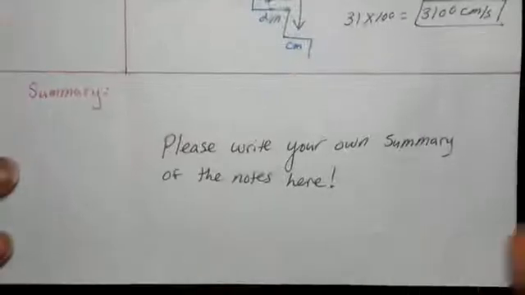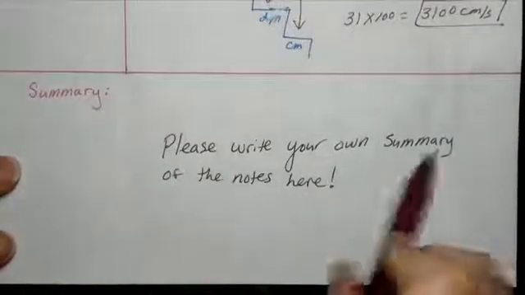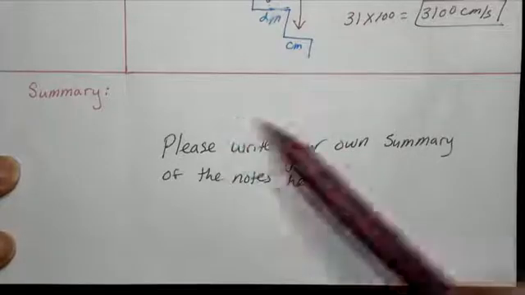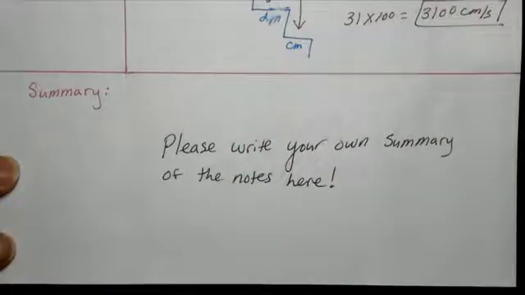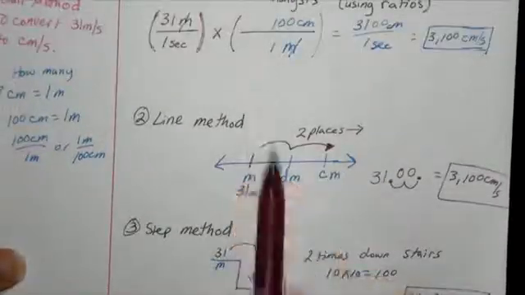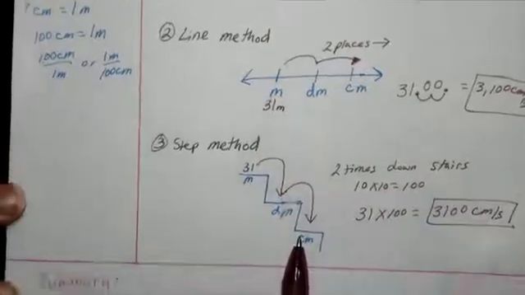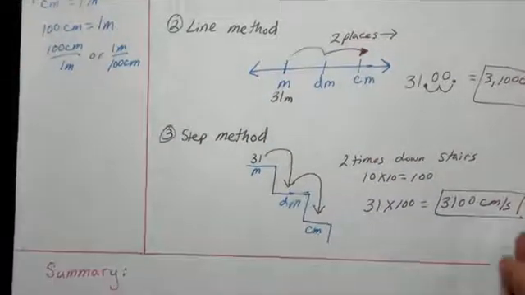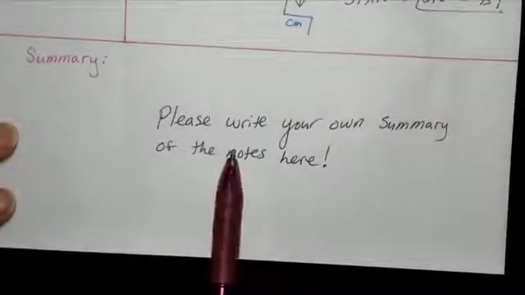And then all I need you to do is write your summary. Write your own summary of the notes right here. This is worth 2 more points on your notes to bring it up to a total of 10 points. Getting the main notes, getting all of my examples written in is worth up to 6 points. Having your questions is 2 more points. And getting the summary is 2 more.